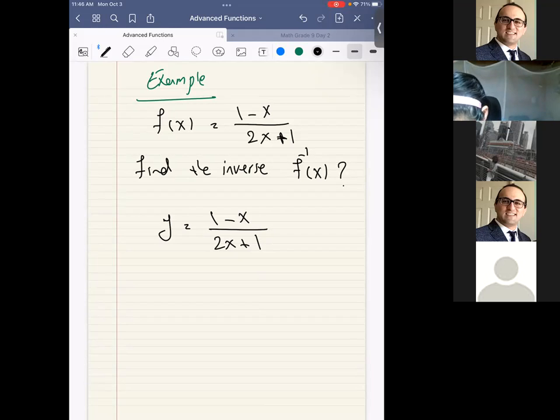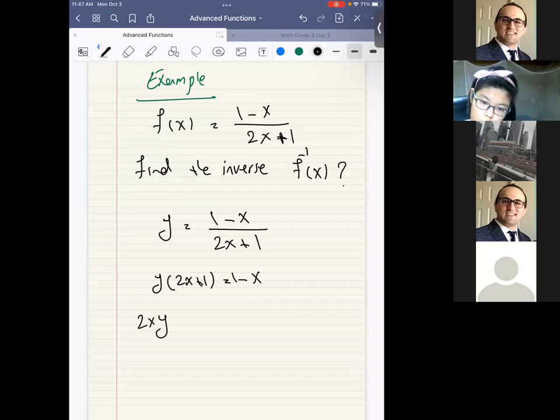So you can multiply y by 2x plus 1, and this is equal to 1 minus x. That means 2xy plus y is equal to 1 minus x.